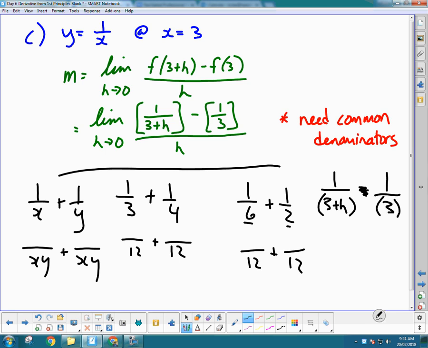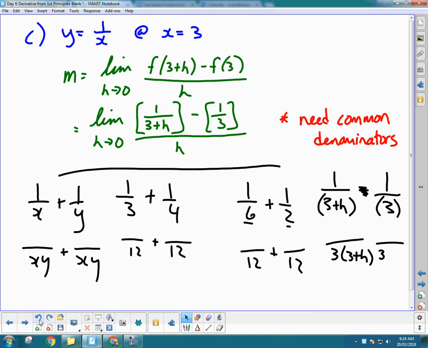So our common denominator is going to be something we multiply. So it's going to look like this. See how those are the two that are multiplied together? 3 times 3 plus h. I write the 3 first just because it's out front, but it doesn't really matter. Okay? So that's our little common denominator part.